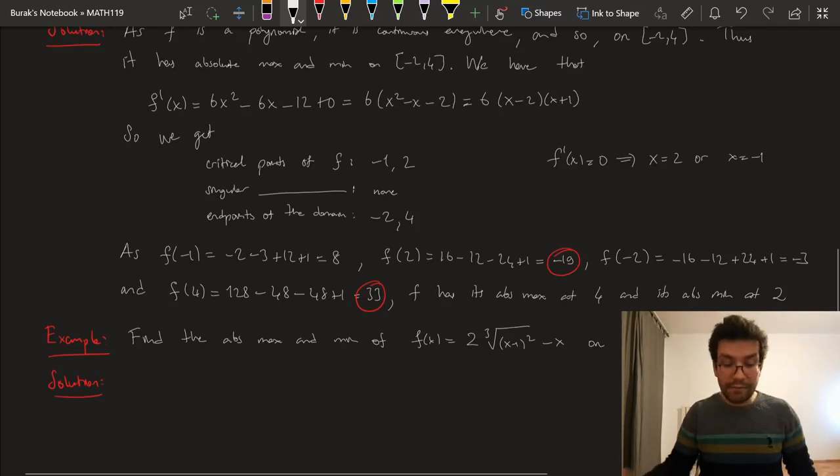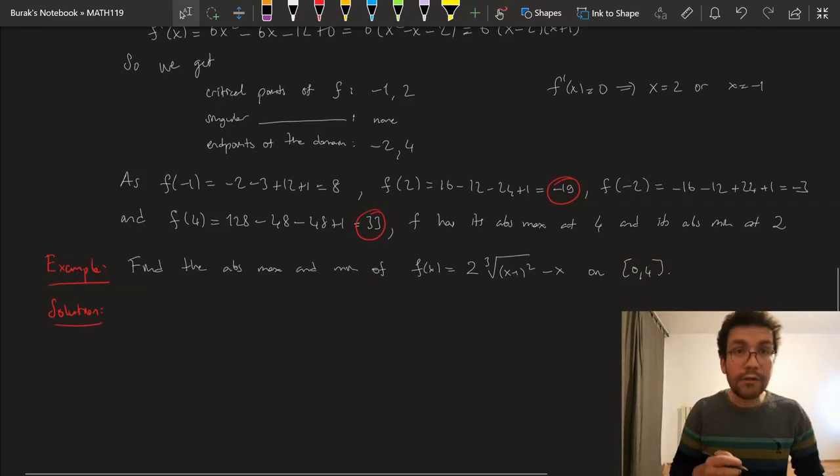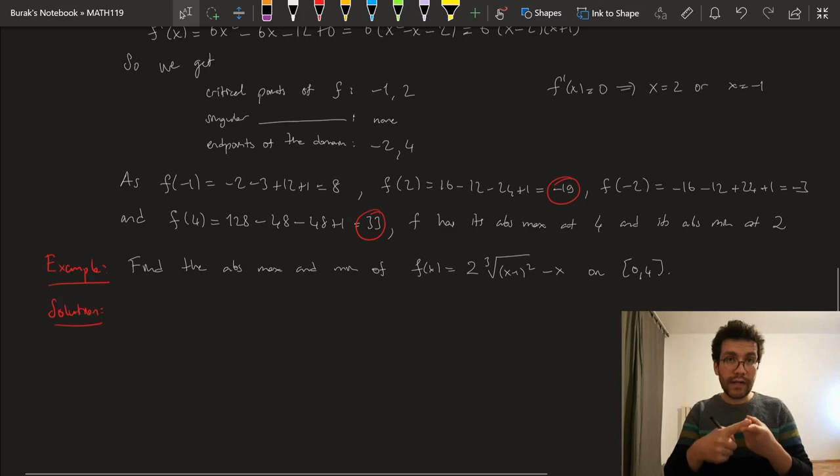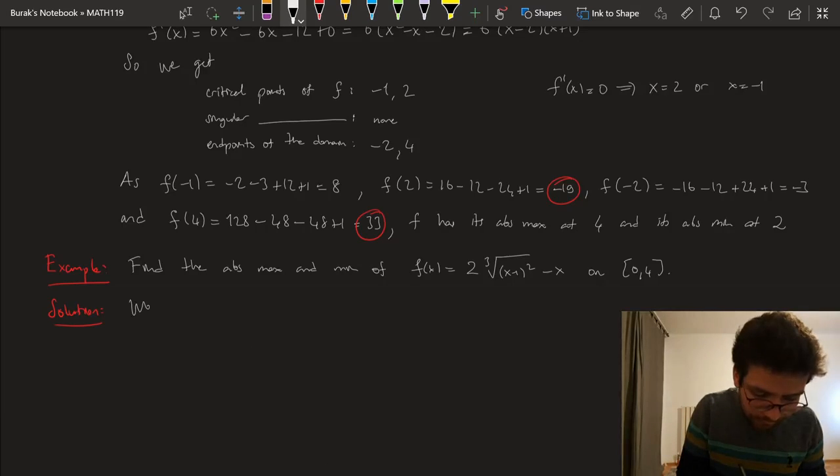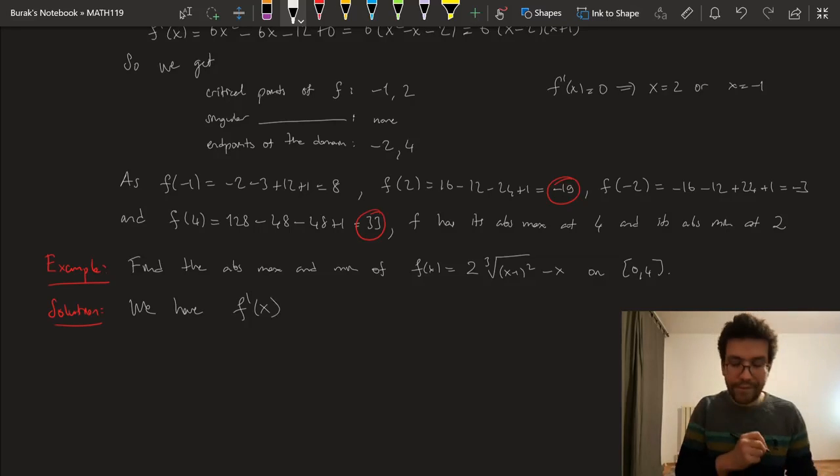And now we will have to find these. So I need to check my candidate points, which are critical points, singular points, or endpoints of the domain of f. So I need to find the derivative of f.